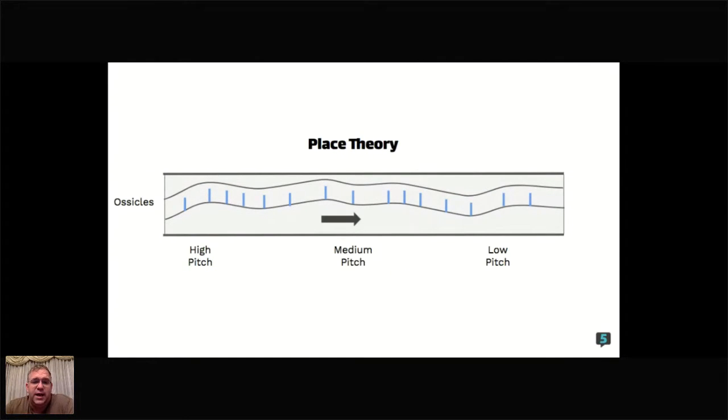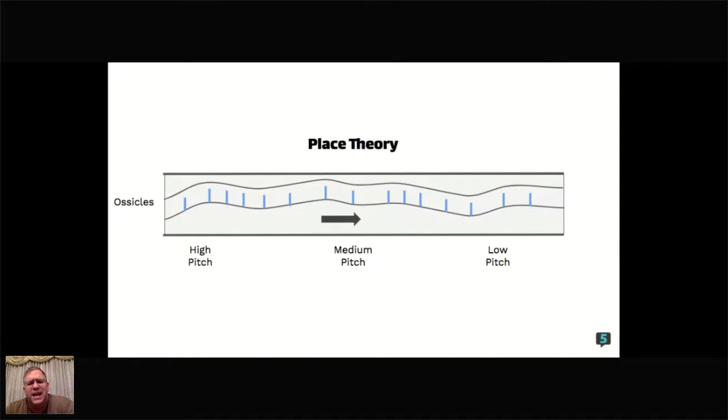Place theory suggested that, in this slide here, you can see the ossicles and the oval window. The beginning of the cochlea is to the far left here. Different parts of the cochlea, different parts along the basilar membrane, correspond to different pitches.